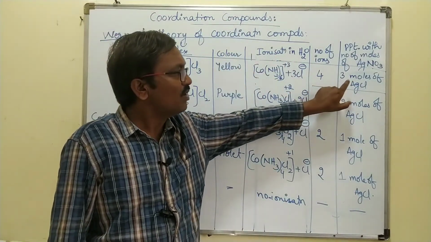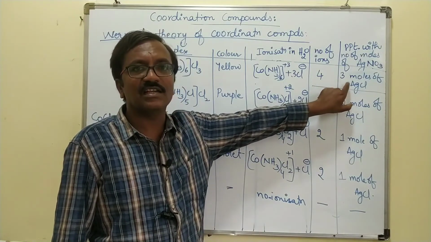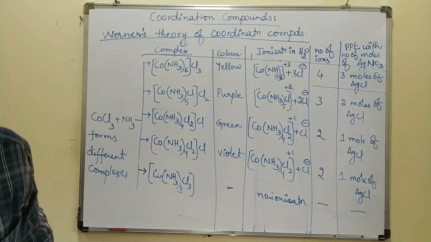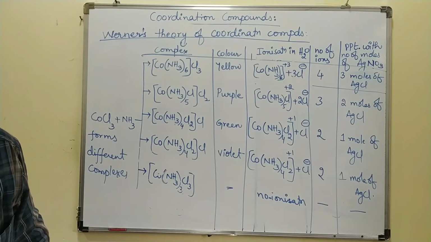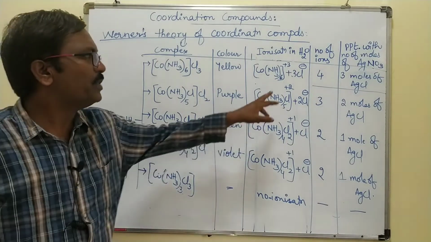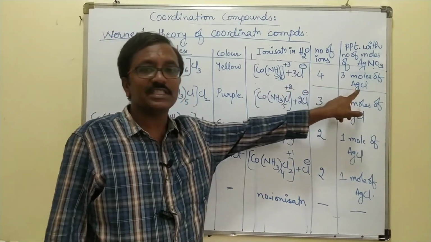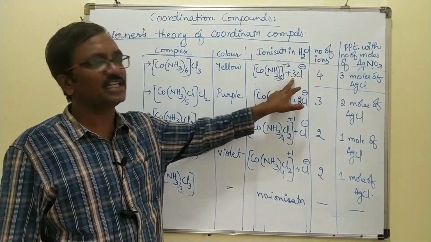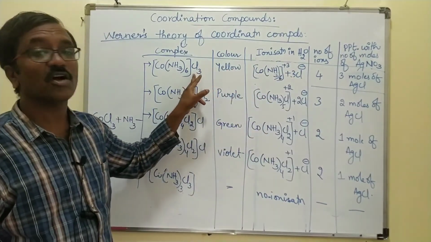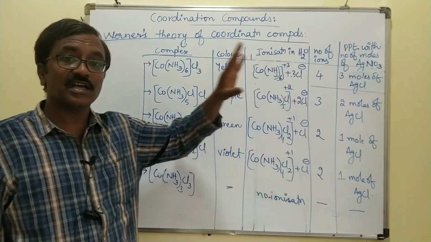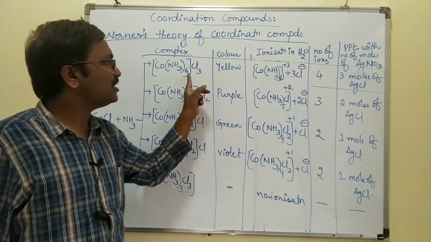On the basis of this result, what he observed: 3 moles of AgCl formation indicates 3 chloride ions are outside the coordination sphere. These 3 chlorides are present in the ionizable sphere.